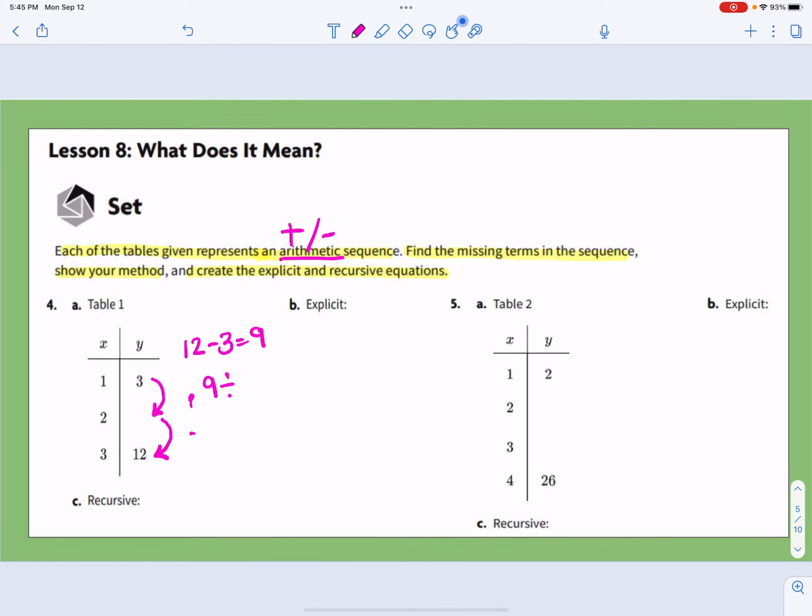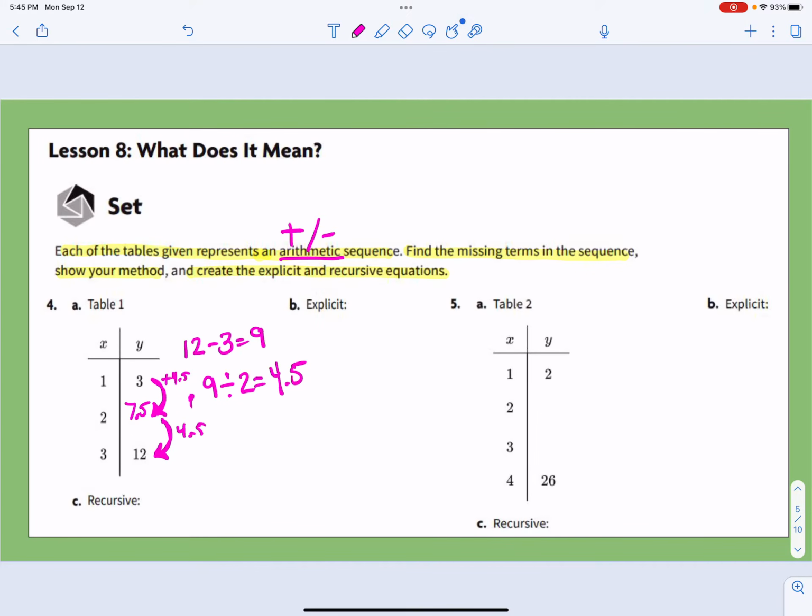So I'm going to divide 9 by 2 to indicate my 2 little arrows, right? Arrow 1 and arrow 2. I need to split the 9 up 2 times. So 9 divided by 2 is 4.5. So it tells me that I'm adding 4.5 each time. So 3 plus 4.5 is 7.5, and 7.5 plus 4.5 is 12.